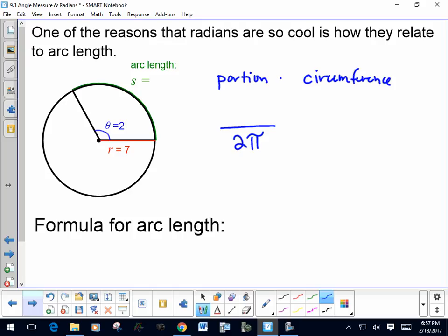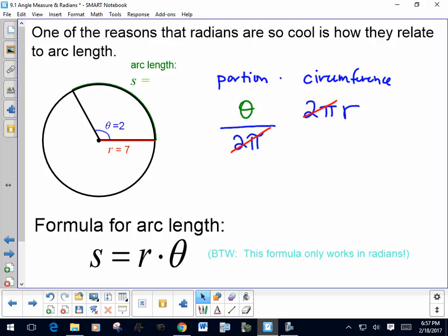And circumference is 2 pi r. So when you have some angle out of 2 pi and you're timesing it by 2 pi r, the 2 pi's reduce. So the arc length formula in radians is r theta. S is equal to r theta.